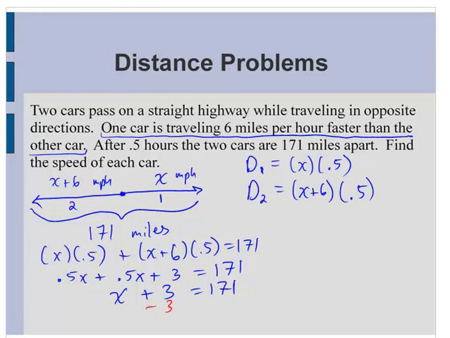Subtracting 3 from both sides, we have x is 168. Now, what is that telling us? The rate of the first car is 168 miles per hour. The rate of the second car is 174 miles per hour.